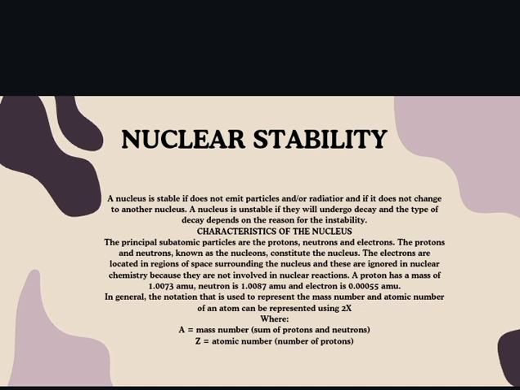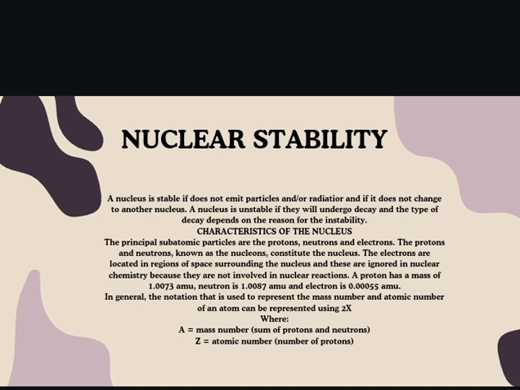The subatomic particles are the protons, neutrons, and electrons. The protons and neutrons, known as the nucleons, constitute the nucleus. The electrons are located in regions of space surrounding the nucleus, and are ignored in nuclear chemistry because they are not involved in nuclear reactions.